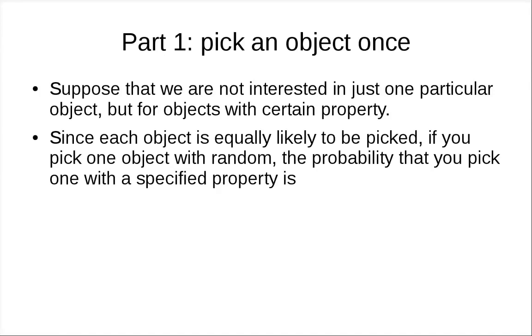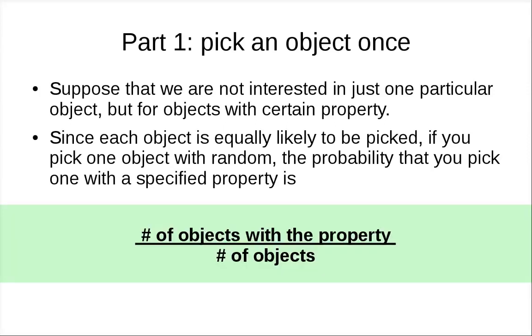Because each object is equally likely to be picked, if you have many objects with the property you are looking for, then you have higher probability. The probability that the object you pick has this property depends on the number of objects with the property, so it's exactly this.